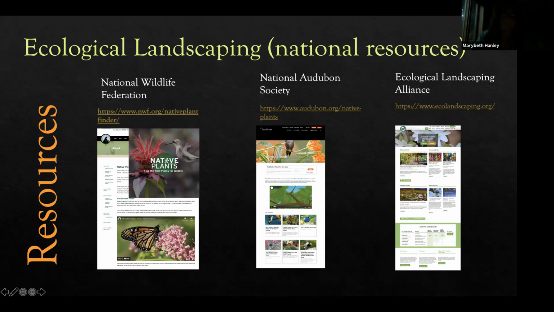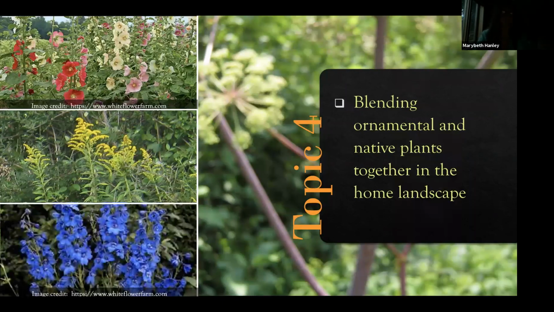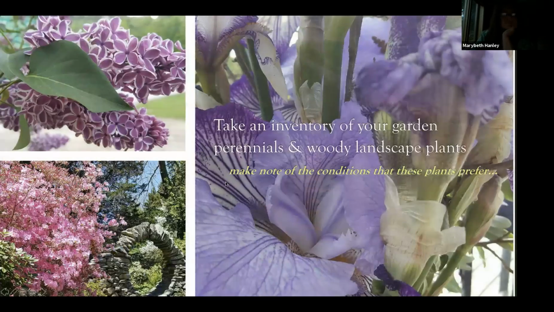So the last thing I just want to talk about is the aesthetics of blending ornamental and native plants together in your landscape. Because there are so many beautiful ornamental plants, and so many beautiful native plants.